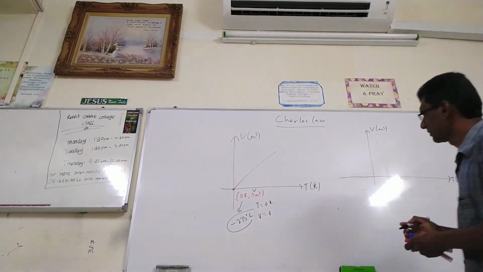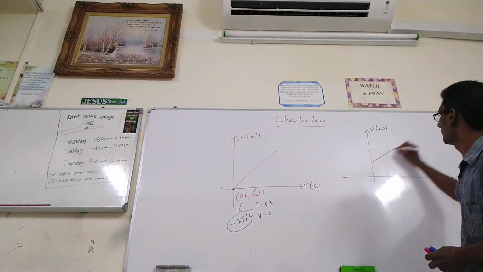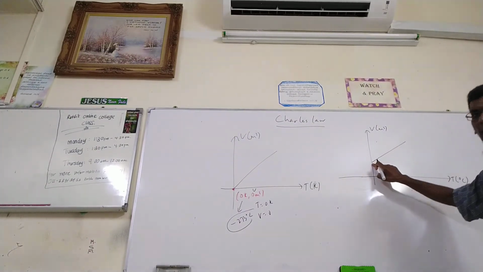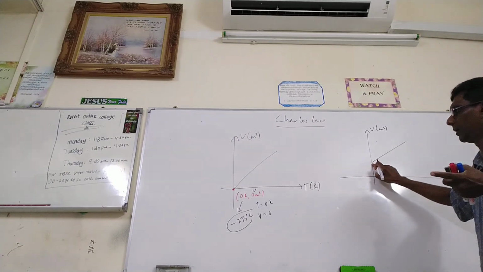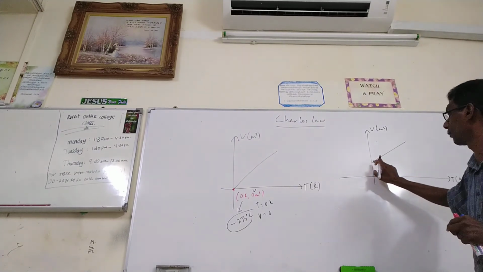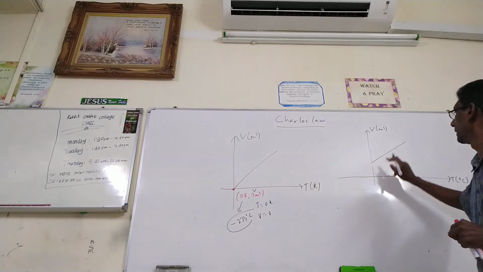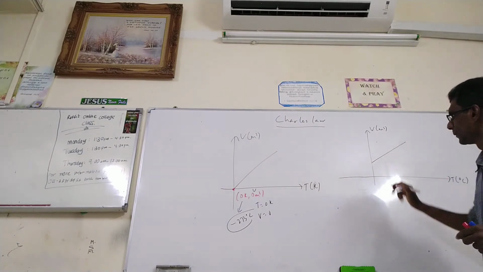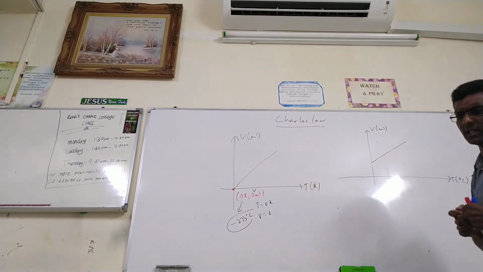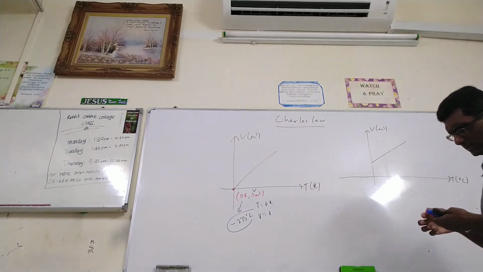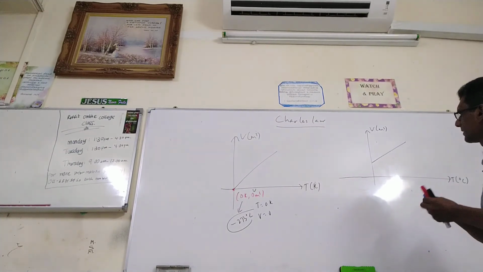The graph starts from here, from the y-intercept. What is the meaning? Why does this graph start from here? What is the temperature at this point?